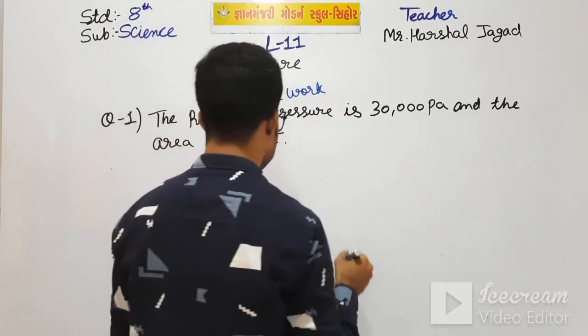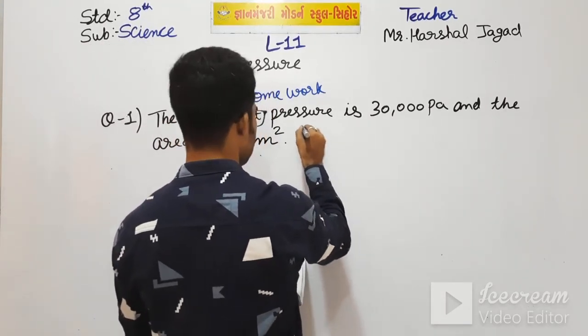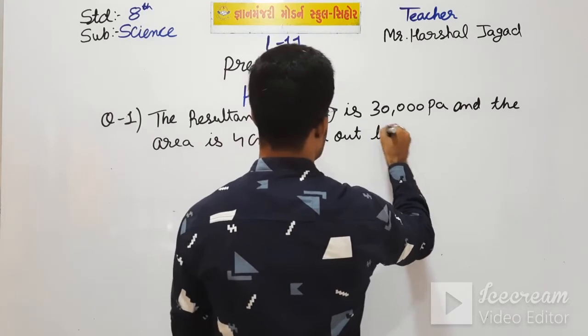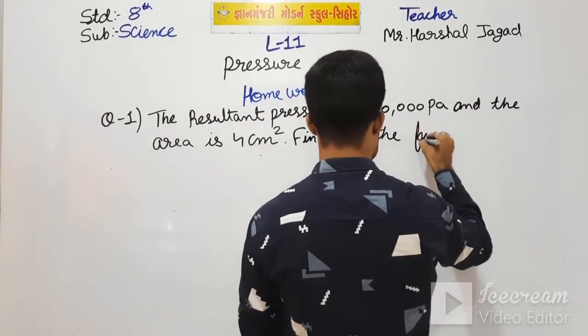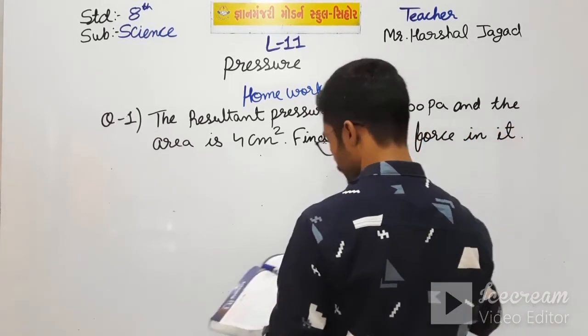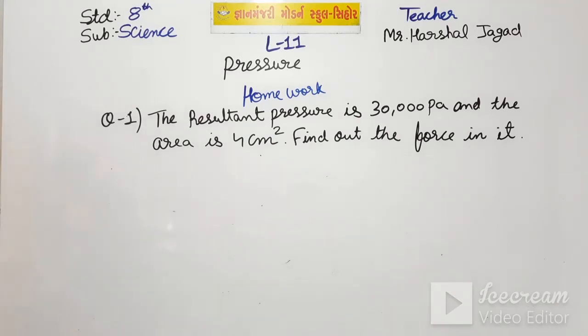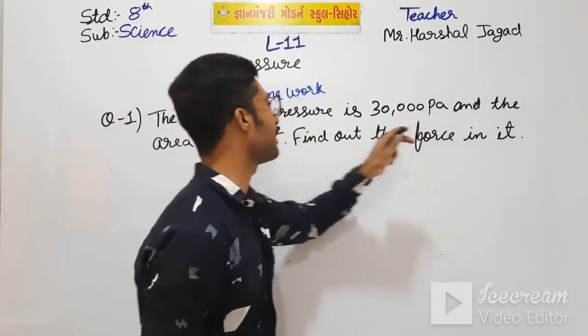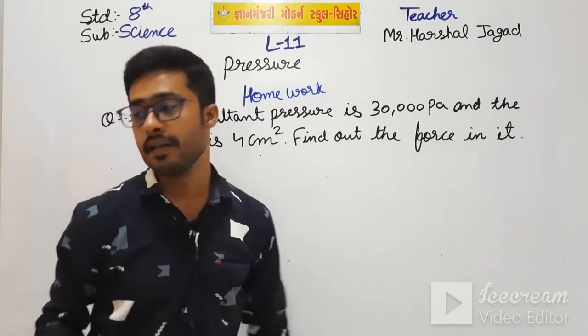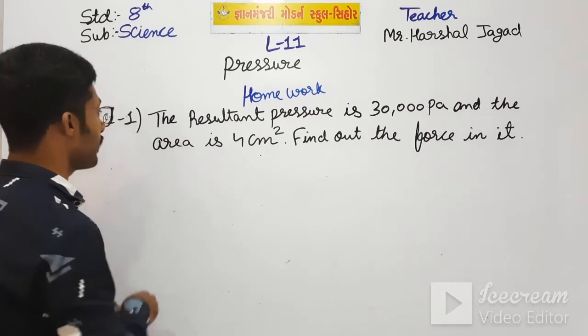You have to find out the force in it. Okay, students. You have to find out the force in it. The resultant pressure is 30,000 Pascal and the area is 4 centimeter square. Okay, students. And next question.